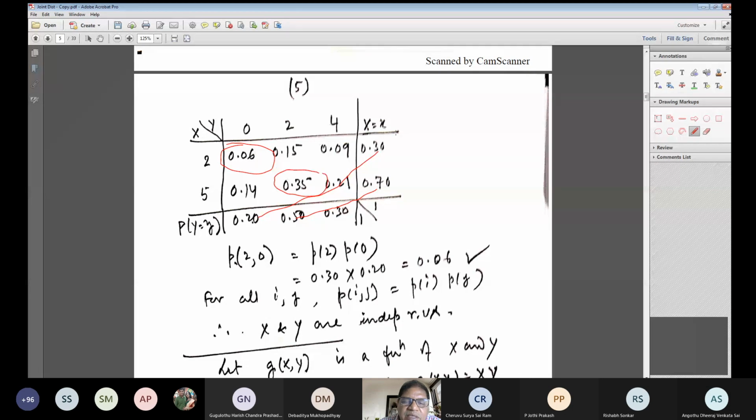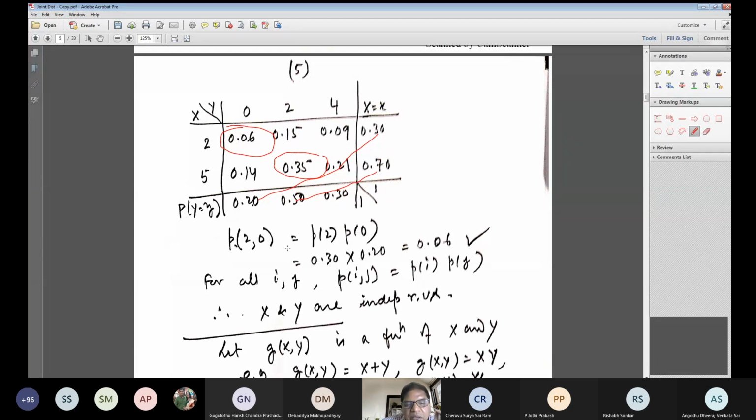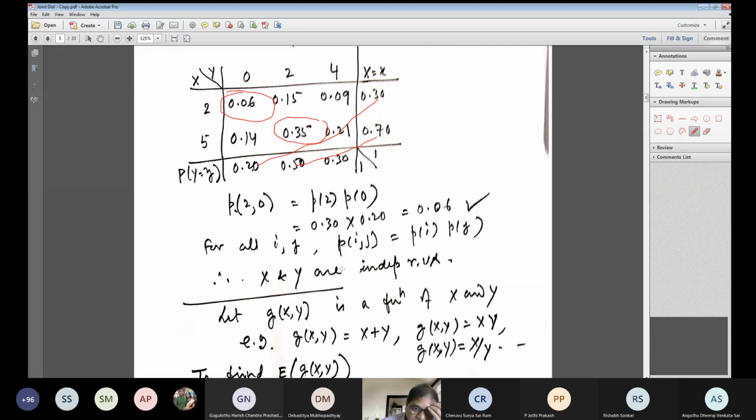In all the cases, as you can see, 0.2 into 0.3, 0.15, and 0.3 into 0.3 is 0.09. So in this case the product rule is satisfied in all the cases. All the joint probabilities can be written as the product of their marginals. Instead of writing it this way, you can also cross verify this way. So in this case, x and y are independent.